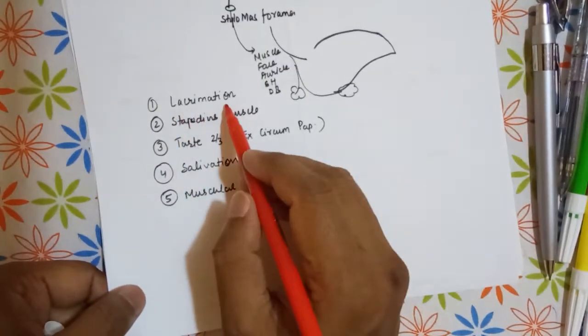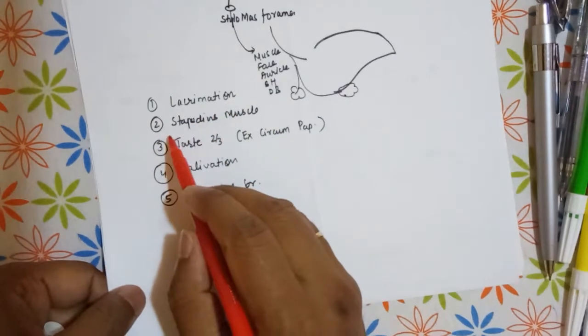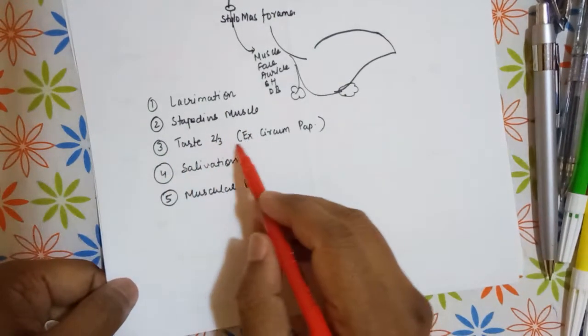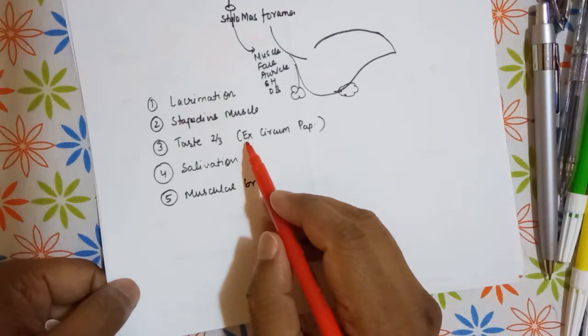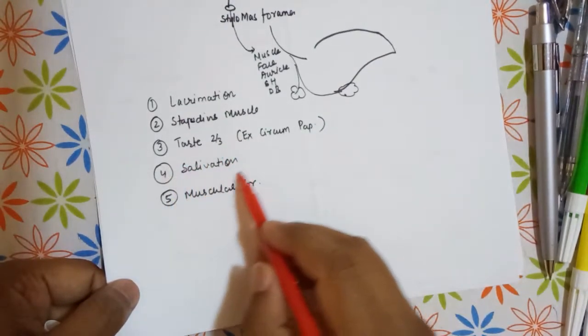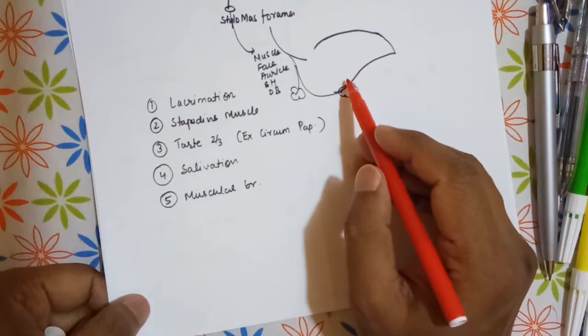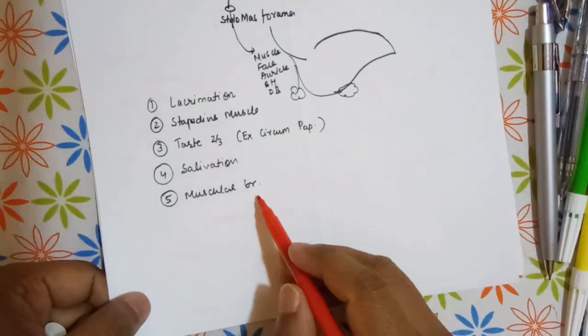It means I have no lacrimation, I have stapedius muscle paralysis which produces excessive loudness of sound called hyperacusis, loss of taste discrimination from the anterior two-thirds of the tongue, no salivation, and lastly the muscles of my face are paralyzed along with the digastric belly and stylohyoid.